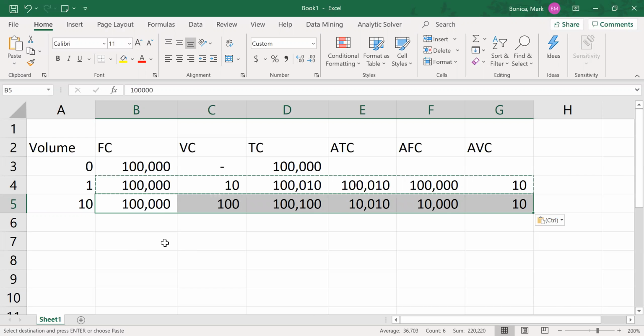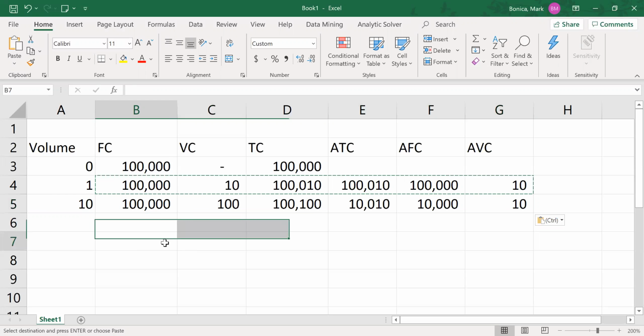So at 1 test, my fixed costs are still the same, right? Because my fixed costs are fixed. They don't change based on the volume within the relevant range. We talked about that last time, right? And we said the relevant range for this was going to be 20,000 tests. So up to 20,000 tests, those fixed costs don't change.